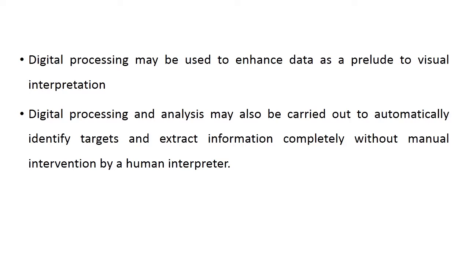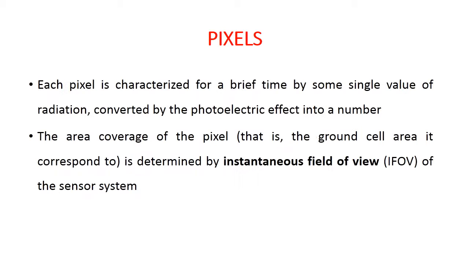And digital processing and analysis may also be carried out automatically, identifying the targets and extracting the information completely without manual intervention by a human interpreter. Means with the help of software, digital image processing and analysis can be done automatically, and the targets can be identified as well as the information can be extracted by the system.